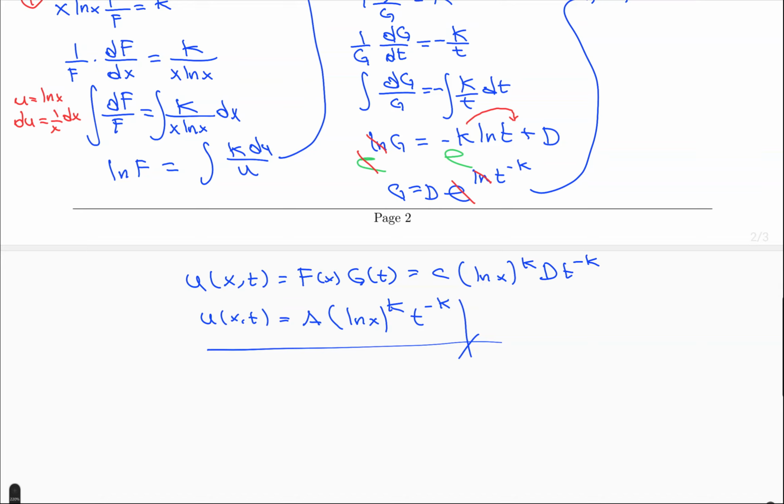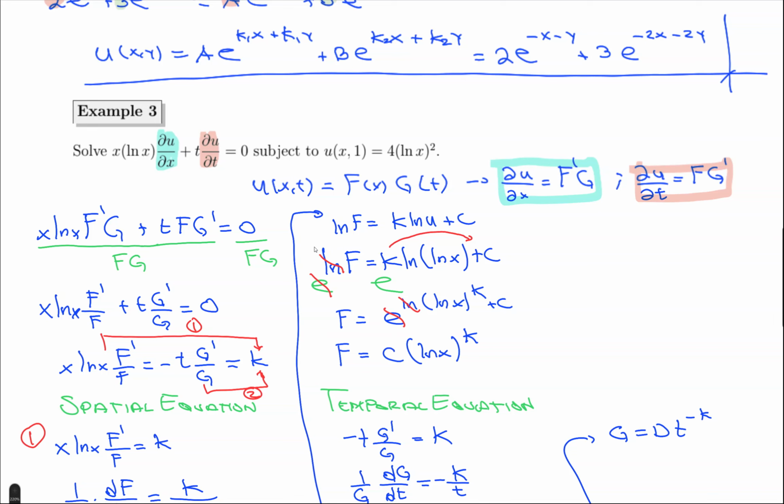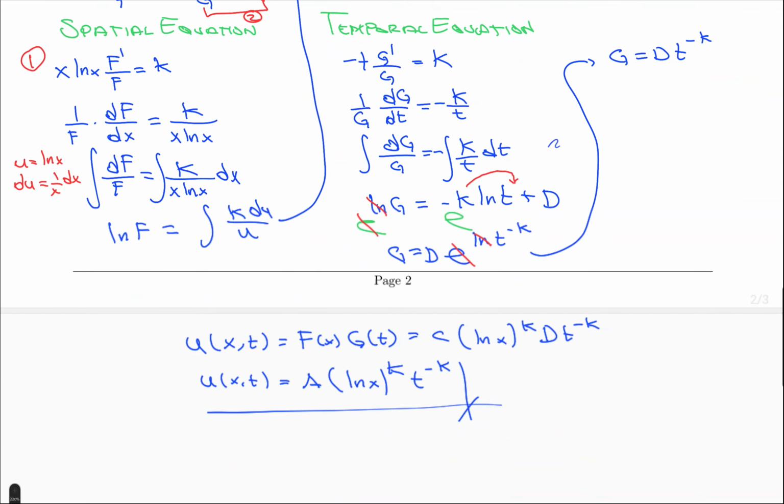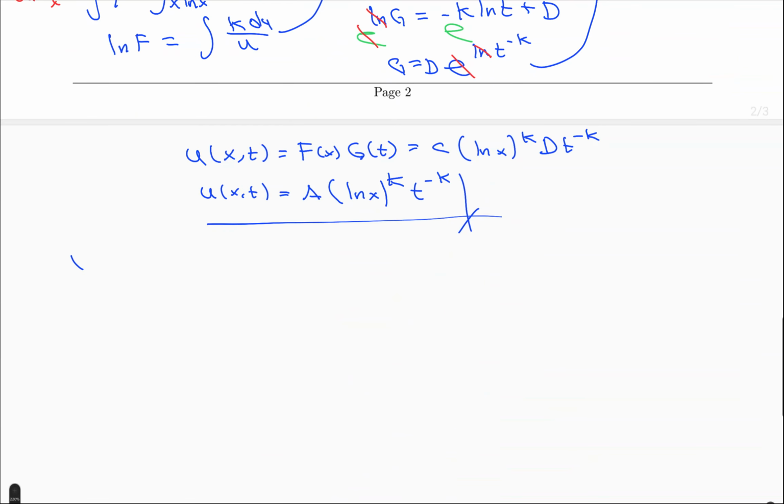So what did they give us for initial condition? u of x,1. They gave us u of x,1 equals 4 ln of x to the second power. Let's use that as a condition to get a particular solution.